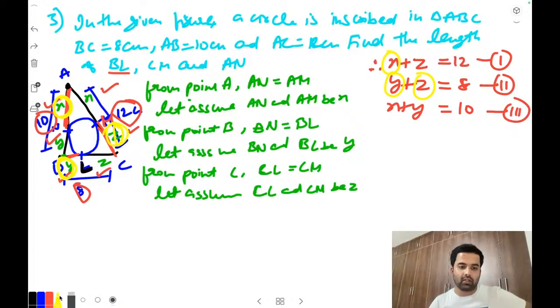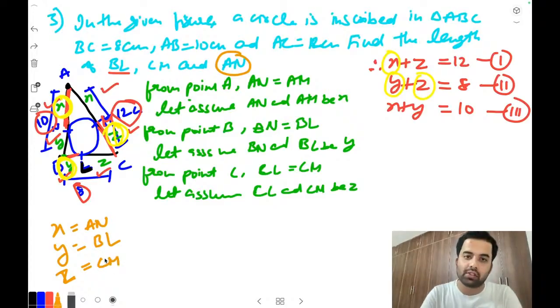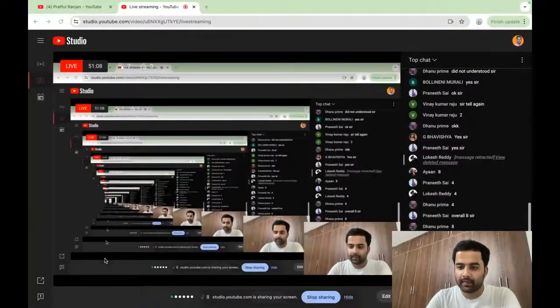X stands for the AN value, which means this one. Y stands for the BL value, and Z stands for the CM value. I need the answer from your side. What should be the x, y, z? Just figure out the answers.